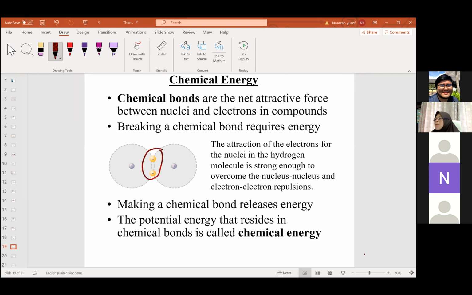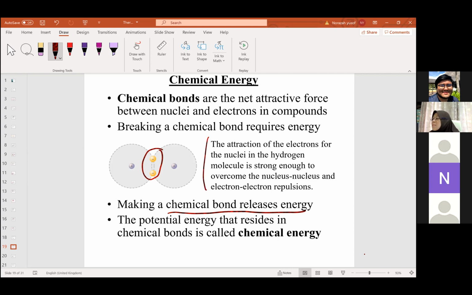When a chemical bond forms, there is energy released, and some chemical reactions require energy to be absorbed. So all these chemical reactions involve a lot of energy. It can be positive, it can be negative.